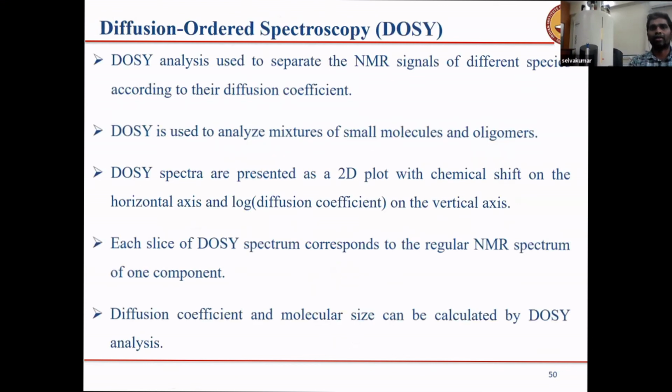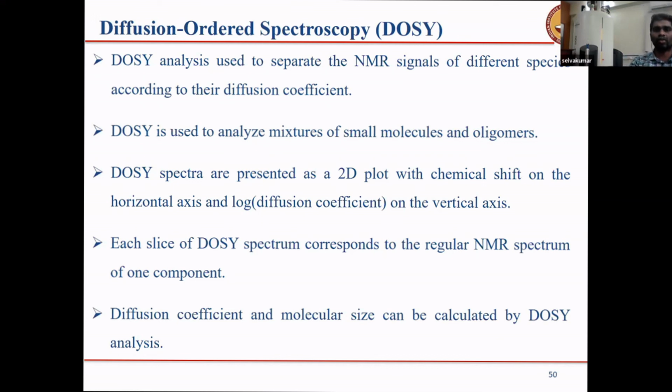Next one is the DOSY, diffusion-ordered spectroscopy. DOSY analysis is used to separate the NMR signals of different species according to their diffusion coefficient. DOSY is used to analyze mixtures of small molecules and oligomers. DOSY spectra are presented in a 2D plot with chemical shift on the horizontal axis and log of the diffusion coefficient on the vertical axis.